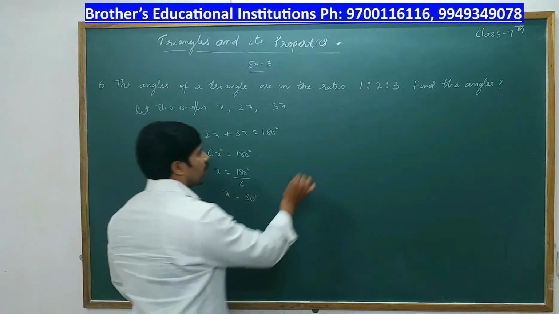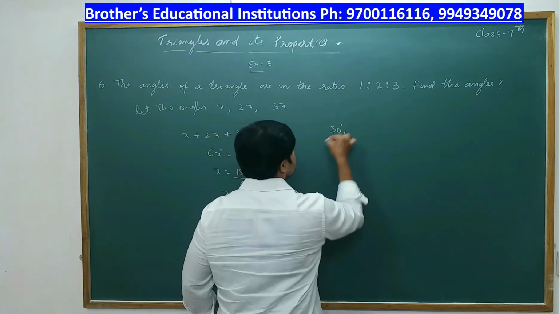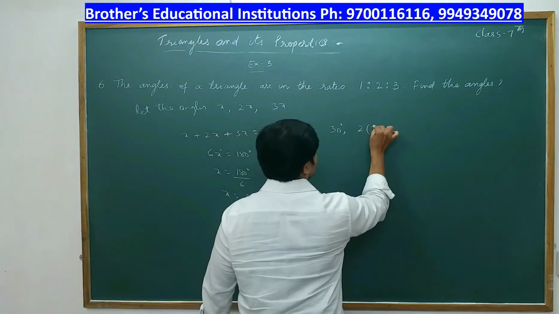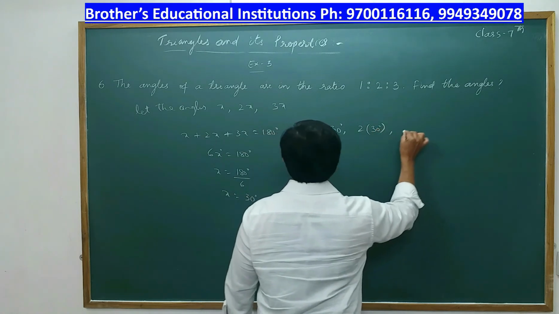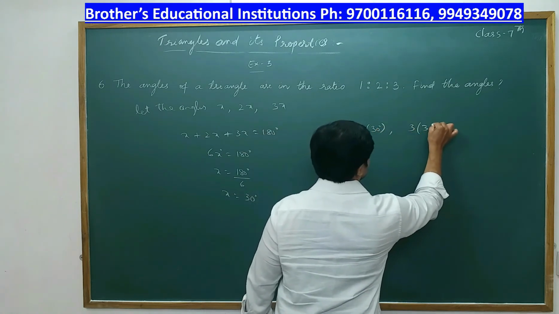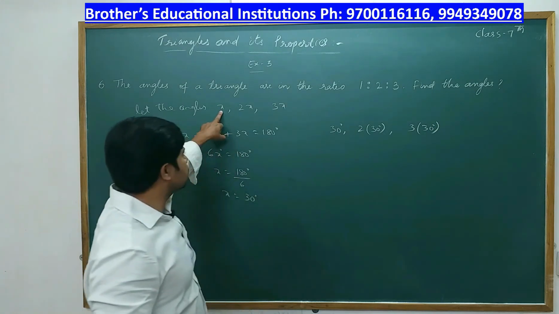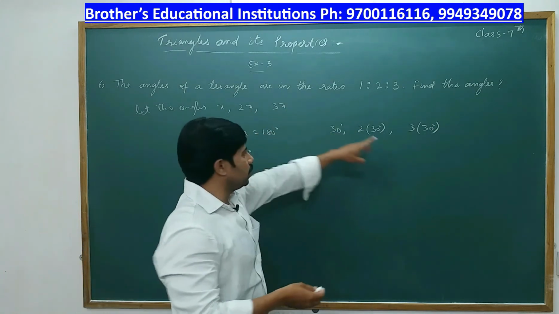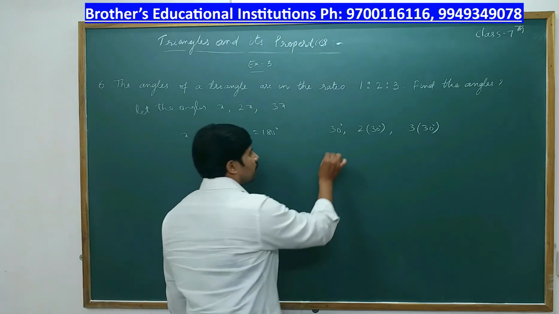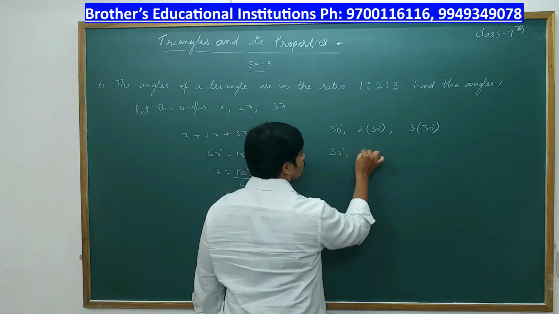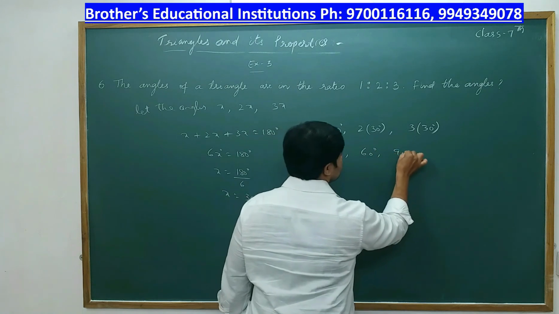The first angle is 30 degrees. Second angle will be 2 into 30 degrees. Third angle will be 3 into 30 degrees. Now we simplify. We get the angles as 30, 60 and 90.